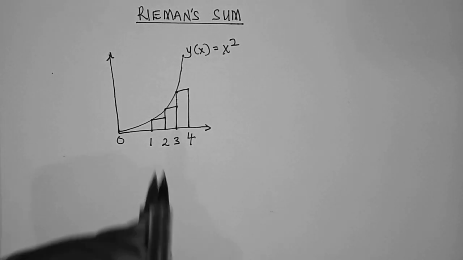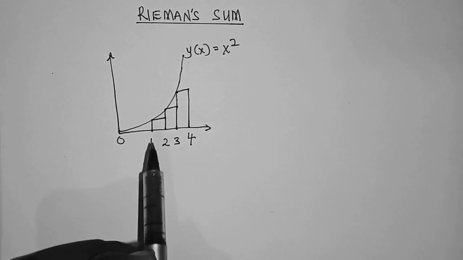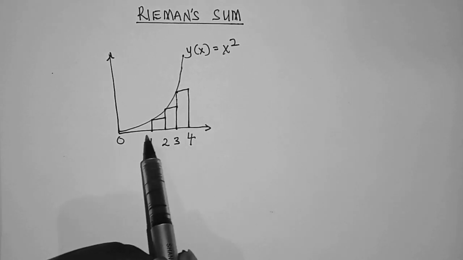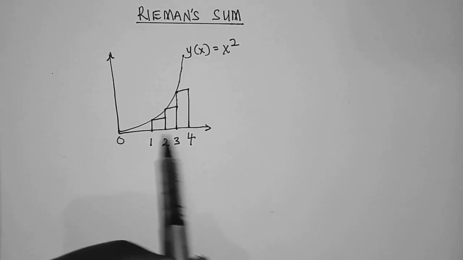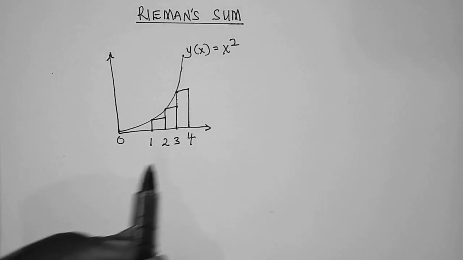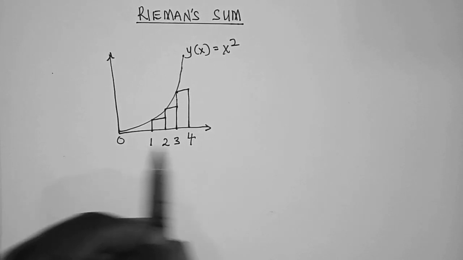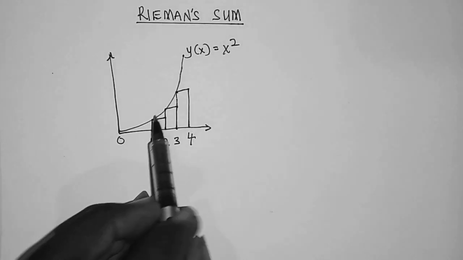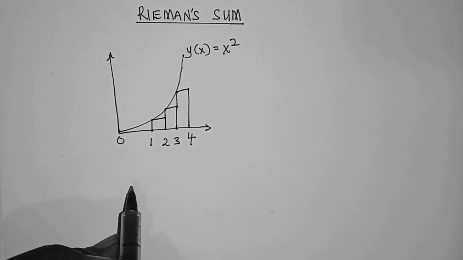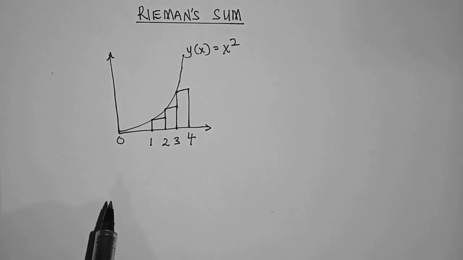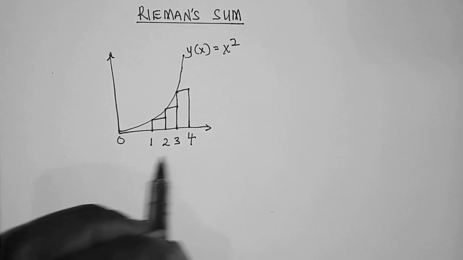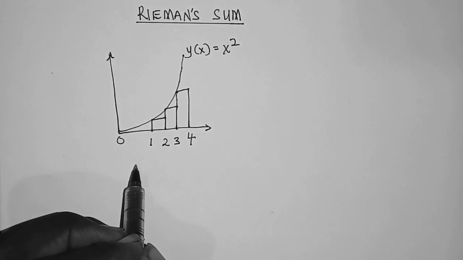Now, what we will do is find the width of the individual rectangles. We do that by subtracting the lower limit from the upper limit and dividing by the number of rectangles that we have. In this case, we have 4 rectangles. The upper limit is 4. So that is delta x.